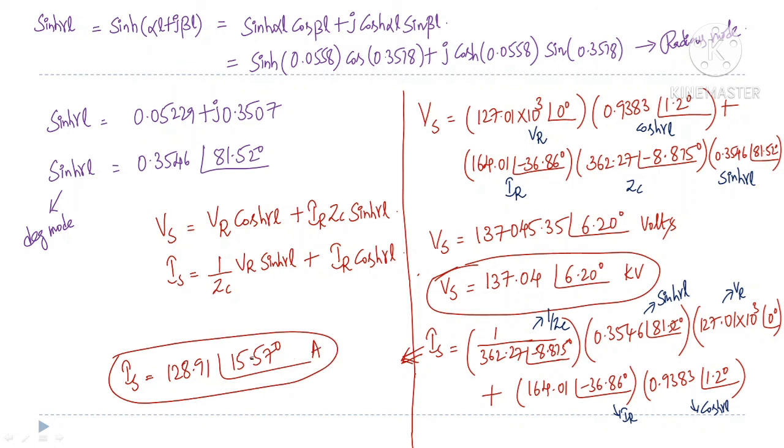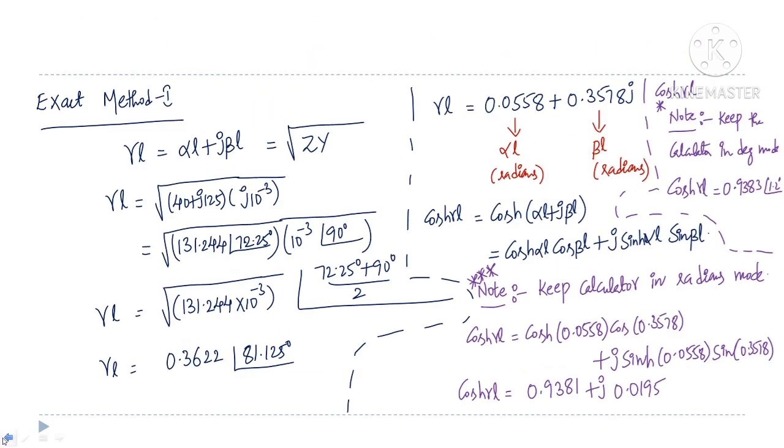So these are the sending end current and the sending end voltage of a long transmission line found by using exact method 1. I hope it is clear for all of you.